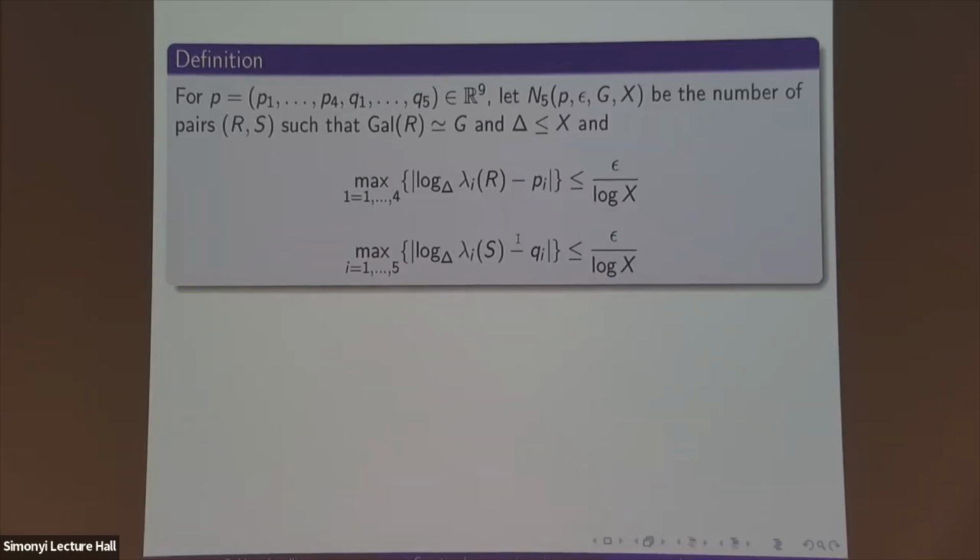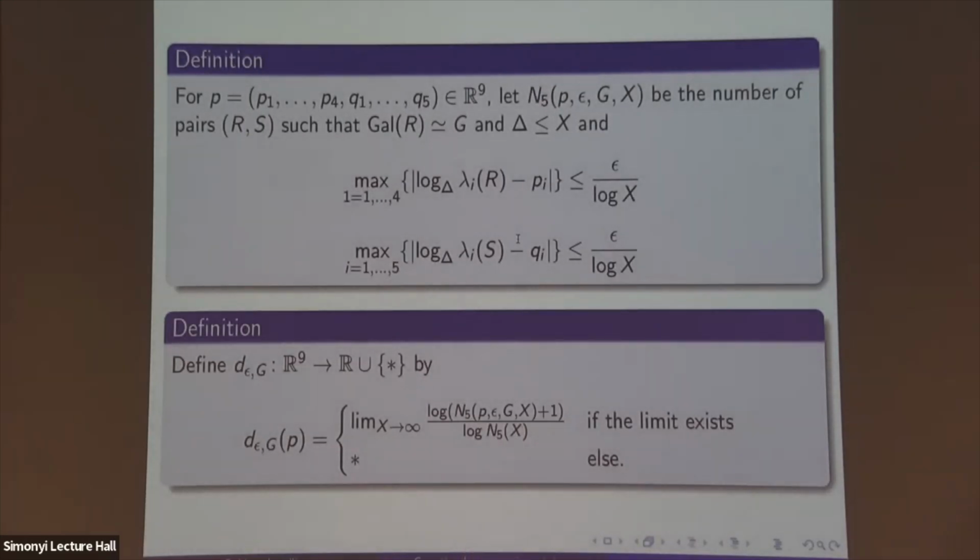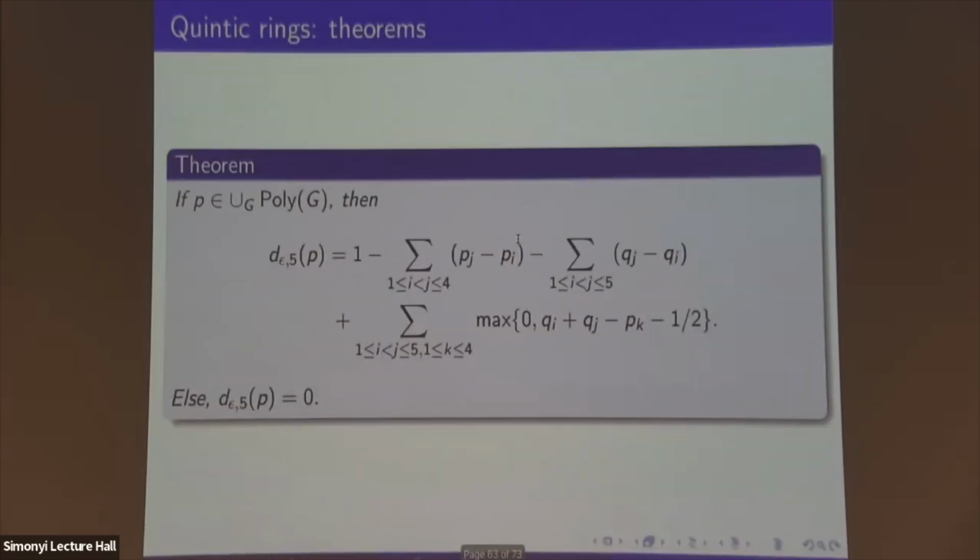So exact same definition. Again, by a theorem of Bhargava's, N5 of x is about a constant times x, and we expect N5 P, G of x to be about a constant times x to the alpha. We extract the alpha using this density function, and we want to understand the value of this density function. It has a super nice form, exactly the same as before.